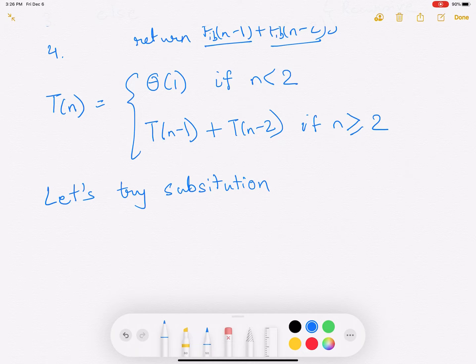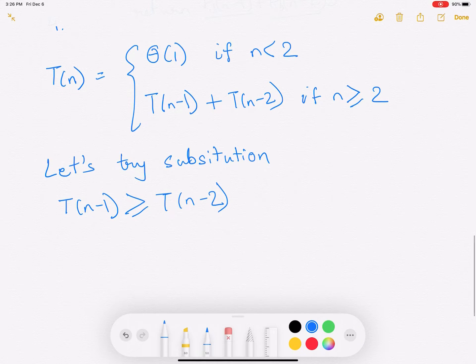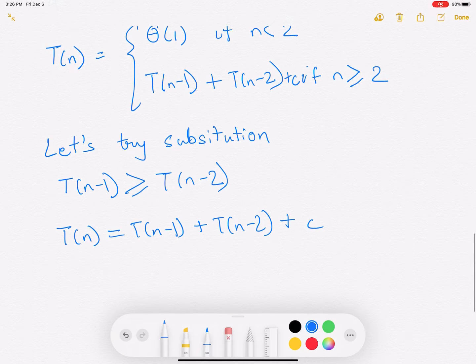One thing we can realize is that T(n-1) is definitely greater than T(n-2). So if we write T(n), we will have T(n-1) plus T(n-2), and there'll be some constant C as the amount of time. If you really want to make this precise, you can write plus C there as well. That's the constant amount of time that you're going to take apart from T(n-1) and T(n-2).